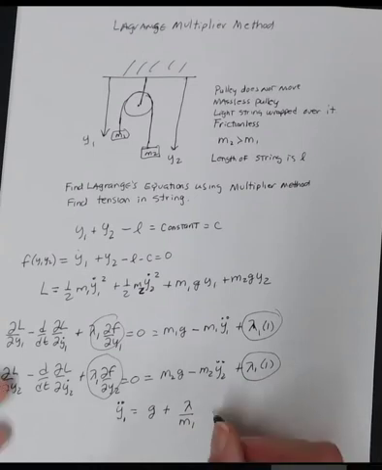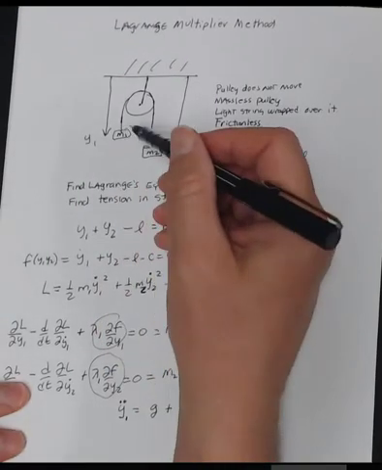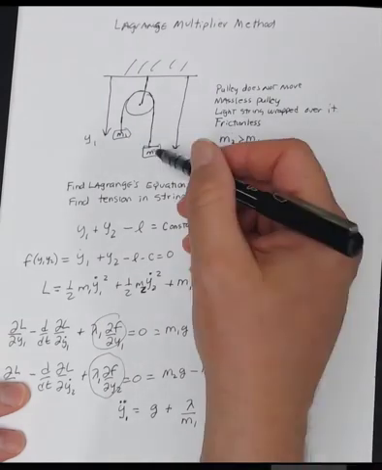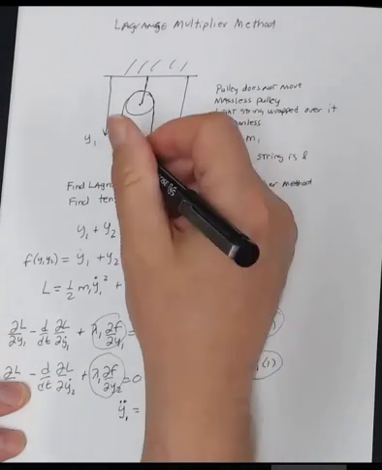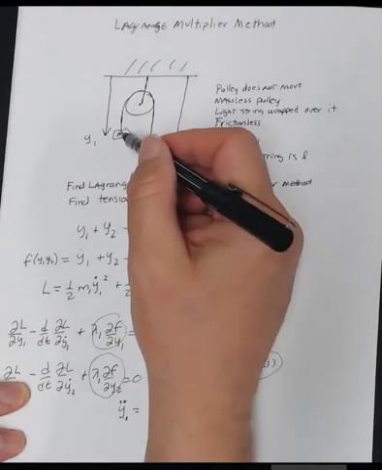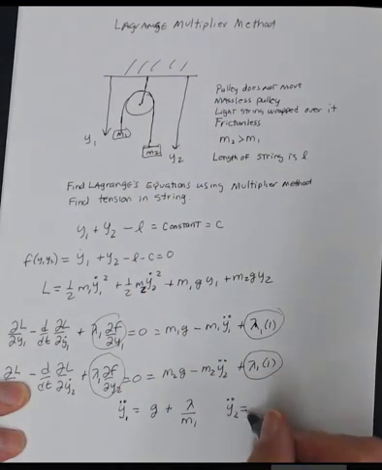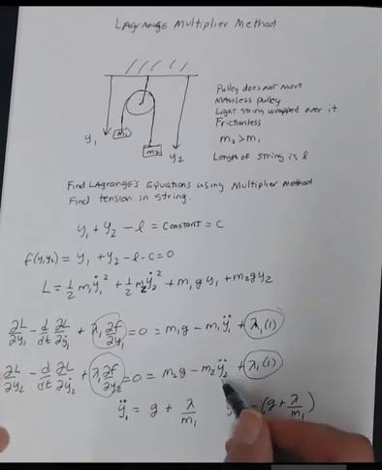But I know that y2, I guess I thought this one was going down, this one's going up, whatever the acceleration of this one is, the other one's the negative of that. So for y2 here, I stick in this.